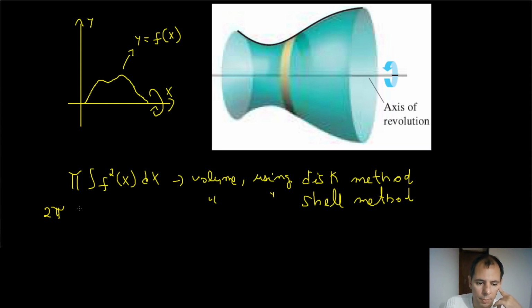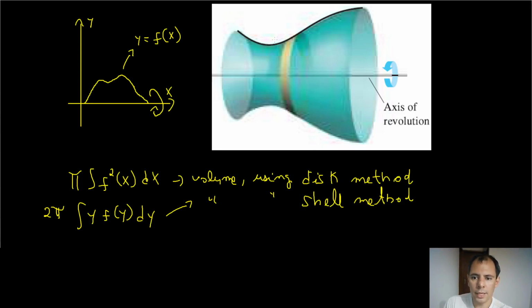So it was going to be 2 pi times y. This y right here is the distance from the horizontal bar to the x-axis, right? And you could say f of y, which was going to be the length of that bar, and it was going to be dy. So this is the volume using the shell method.